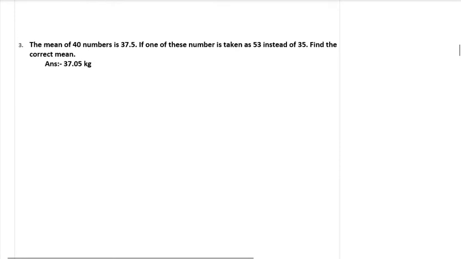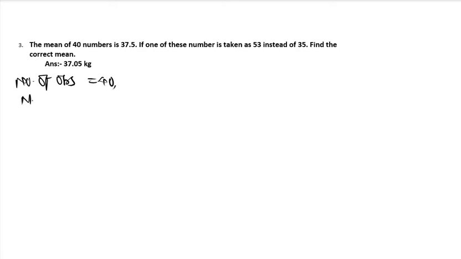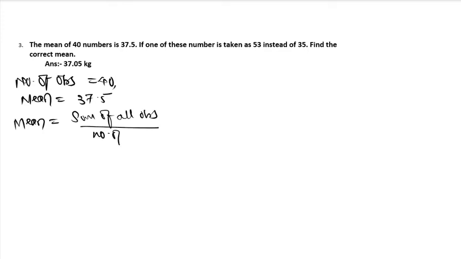Let's see the third question. The mean of 40 numbers is 37.5. See again, number of observations is equal to 40, right? What is the mean? 37.5. What is the formula for mean? Mean is sum of all observations upon number of observations.